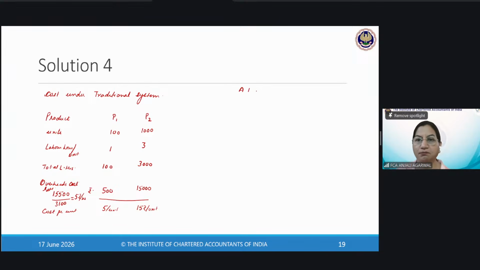Under ABC, first we will prepare a statement showing cost per unit for each cost driver.